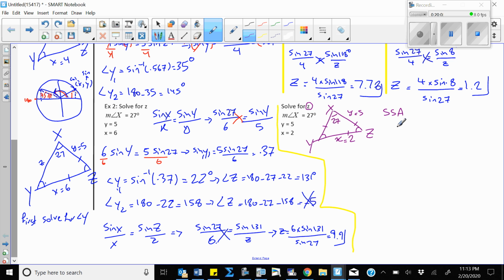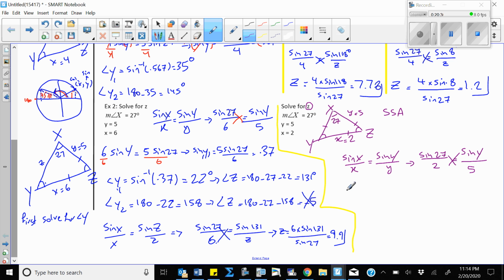So let's start again. Sine of x over x. Once again, I use sine of x over x because I have both the angle x and side x. And then sine y over y. So this will be sine 27 over 2 equal to sine of y over 5.